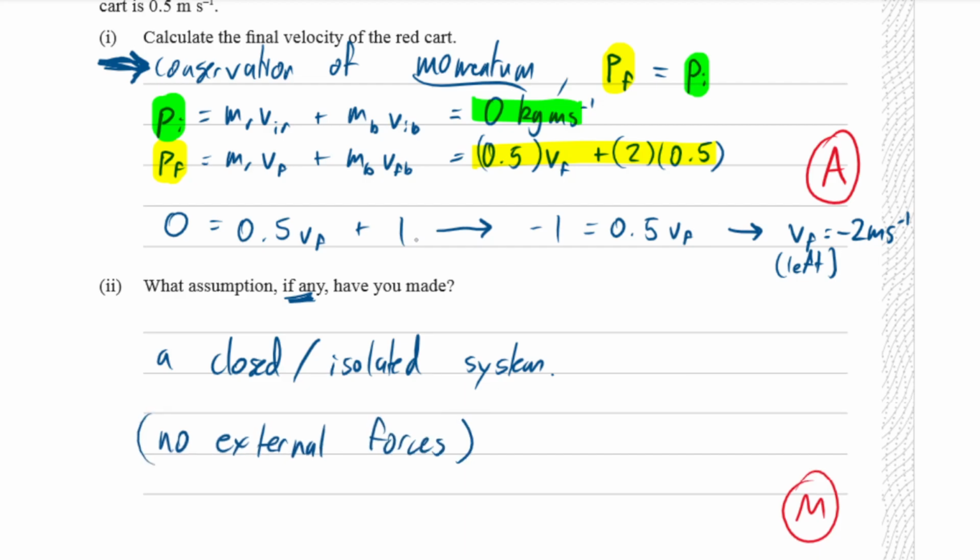In other words, there's no friction, right? Taking away energy or taking away momentum, it's entirely converted into the motion of each cart. So this assumption goes hand in hand whenever you use conservation of momentum, and in fact, also with conservation of energy. And together with that calculation, that is a merit.